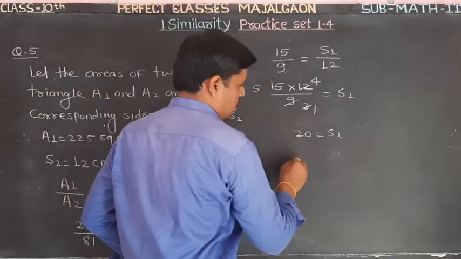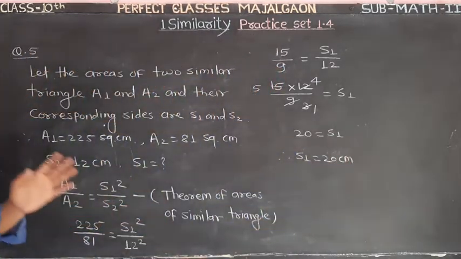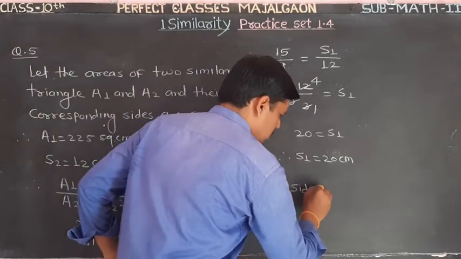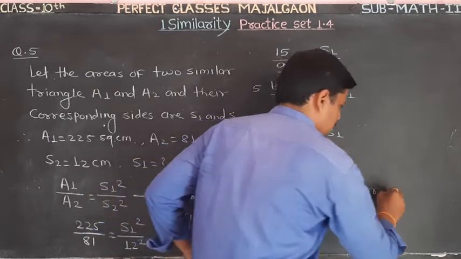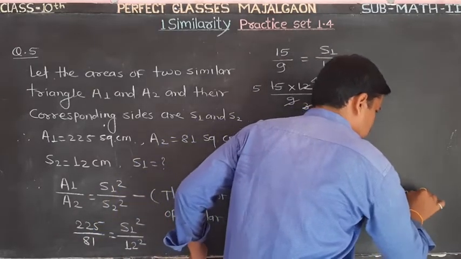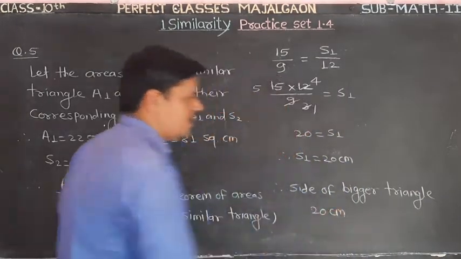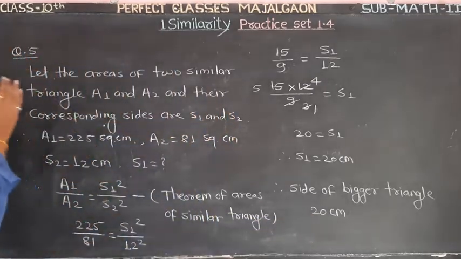Therefore, S1 equals 20 centimeter. S1 means the side of the bigger triangle, which is 20 centimeter. This is question number 5.